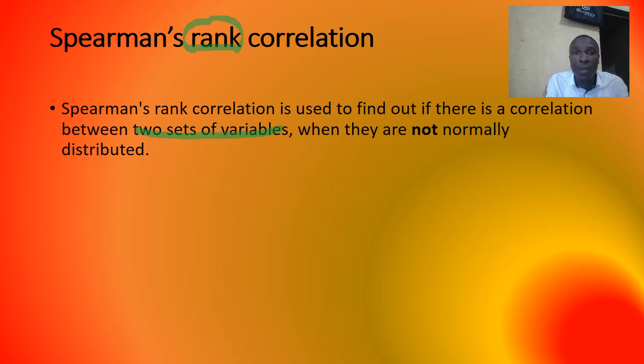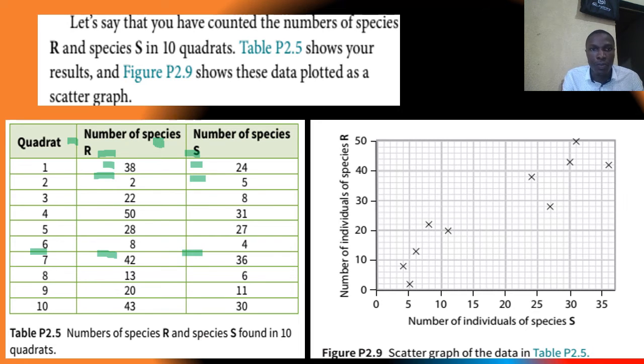So when you're dealing with Spearman's rank correlation, we normally deal with two sets of variables which are not normally distributed. For example, if one was to determine the population of species R and species S, but using a quadrat.